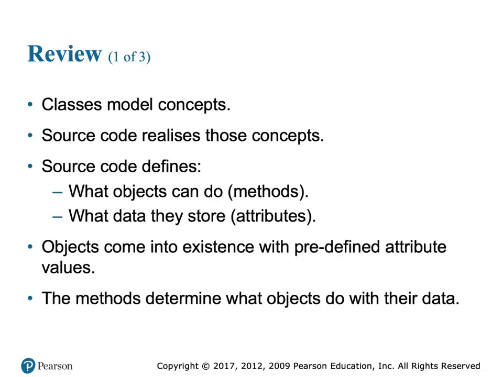Okay, you've been very, very patient. Here is the review of what we have. Classes, then, are written in Java, but they model concepts in the real world. We use the source code to implement those concepts and to come up with a data-based model to reflect what it's supposed to represent.